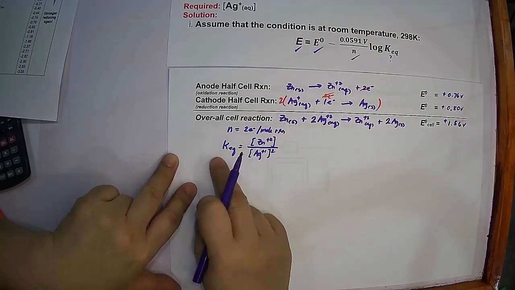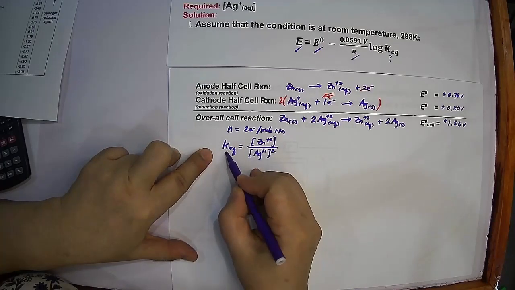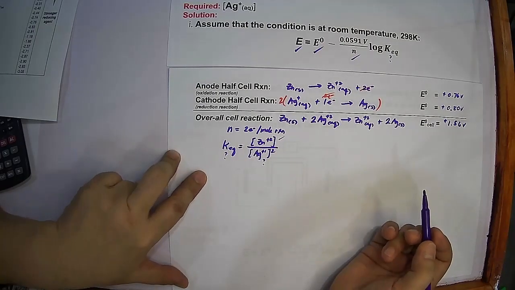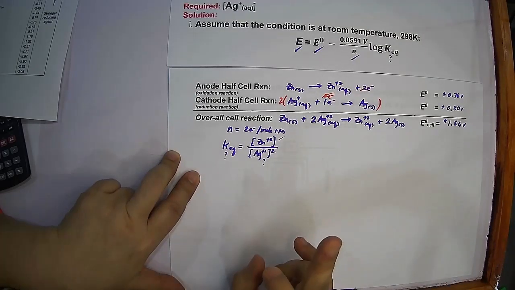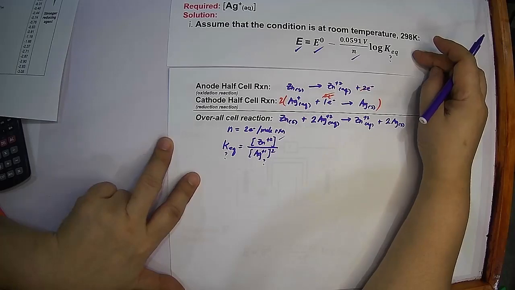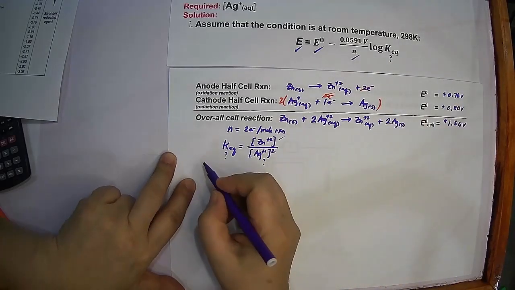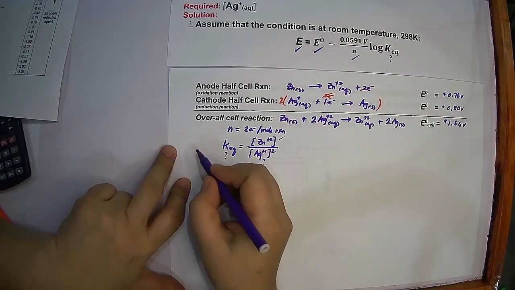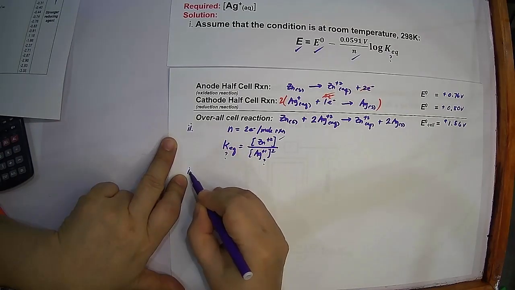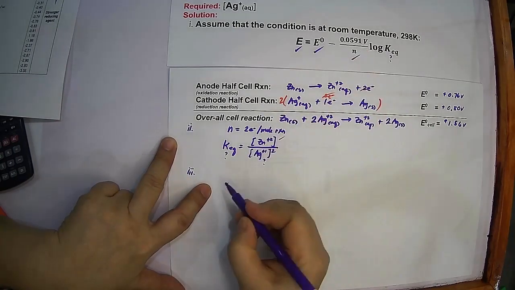We can't plug it in here because we don't have this value. We have this value and we don't have that value. We have two unknowns in one equation. We need one more independent equation, and that is the Nernst equation. So next step is we manipulate the Nernst equation.